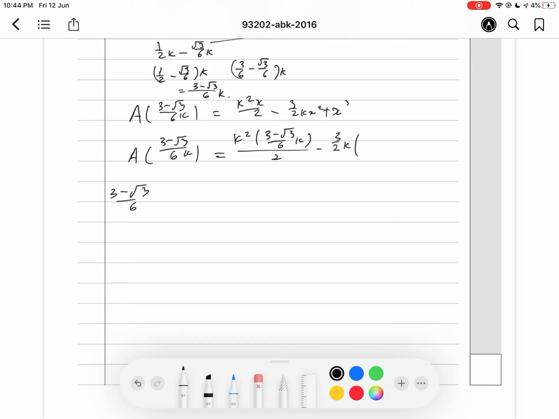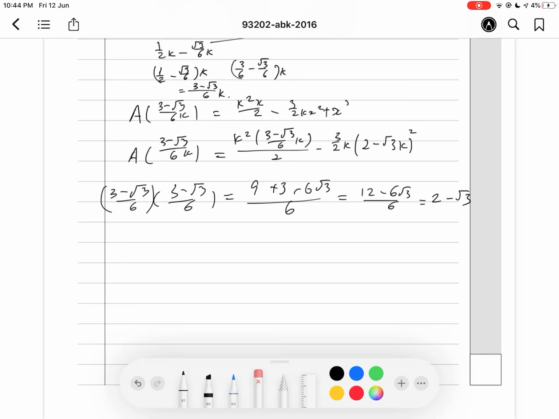We know that 3 minus root 3 over 6 times 3 minus root 3 over 6 gives us 9 plus 3 minus 6 root 3 over 6, that equals 12 minus 6 root 3 over 6, that equals 2 minus root 3. That actually makes our life a lot easier. So this is 2 minus root 3, k squared, because we already squared the radical.